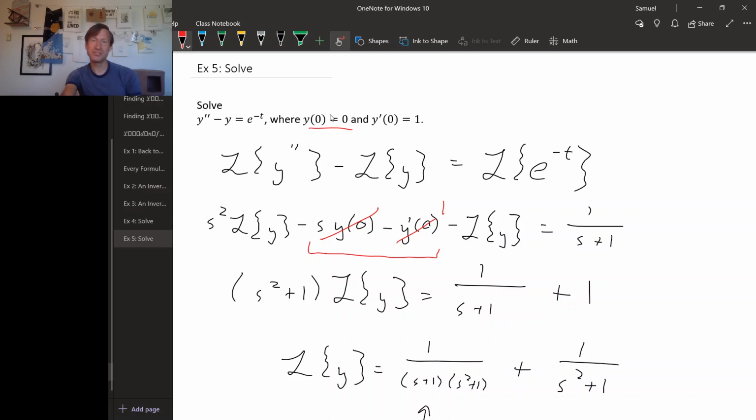This is as opposed to, if we were going to solve this sort of equation using undetermined coefficients, the quote-unquote traditional way to do it, we wouldn't get to use our initial values until much later in the process, and so we would have to carry around all of these unknown constants for a lot longer, which would make the algebra a lot messier. So it's nice to be able to use these initial values early in the process instead of late.